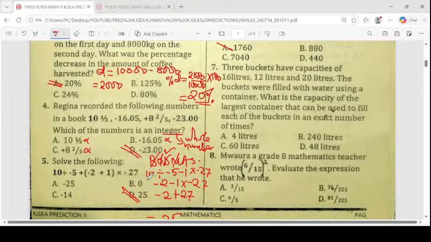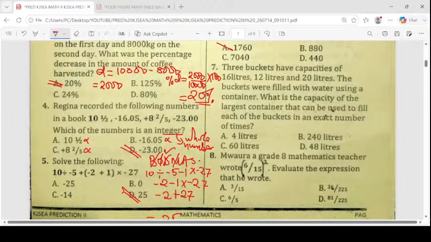What is the capacity of the largest container that can be used to fill each of the buckets an exact number of times? So we have 3 buckets, and they're asking the capacity of the largest container that can be used to fill each of the buckets an exact number of times.